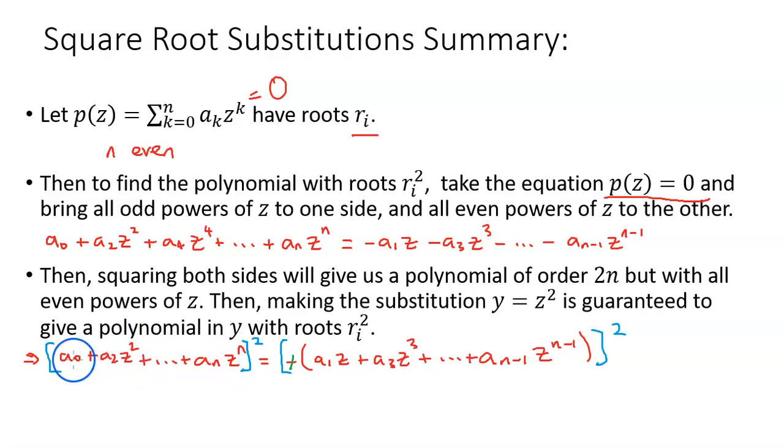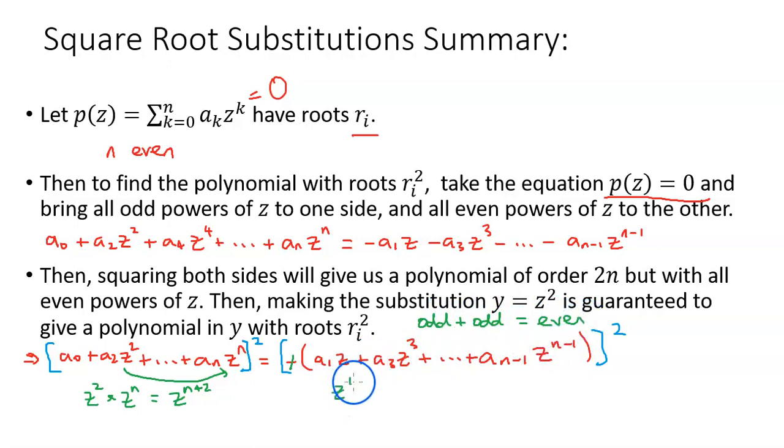So when we square everything, we're adding two even numbers together. For example, z to the power of 2 times z to the power of n is going to be z to the power of n plus 2, which is another even number. And on this side, all the powers are going to be even as well, because if you add an odd number plus an odd number, you also get an even number, because all these powers are odd.